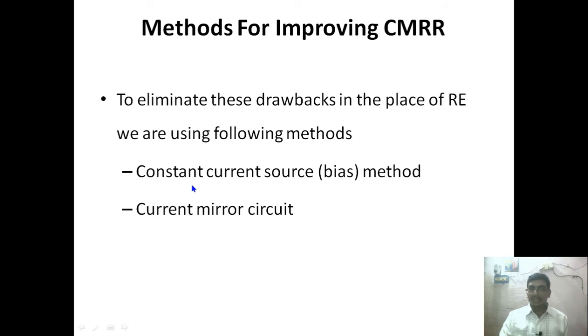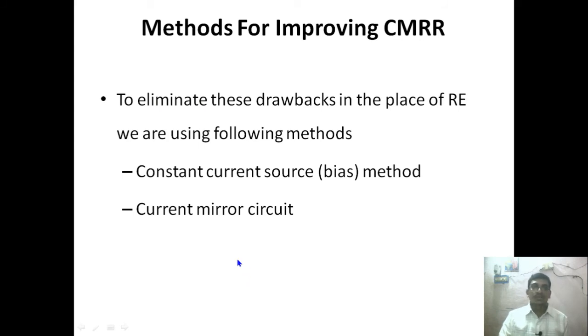In these methods, instead of RE we place a constant current source. This current source will offer a high resistance value. By using this method we can have a constant current as well as a high resistance value. Those two are the advantages of using the constant current source bias and the current mirror method.